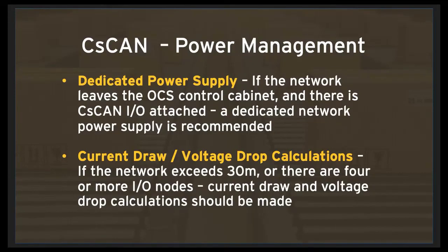Either of those would be bad. So if your distances are less than 30 meters and you have less than 4 nodes of I/O, don't even bother with the calculations. If you exceed that standard, then go ahead and make the calculations.